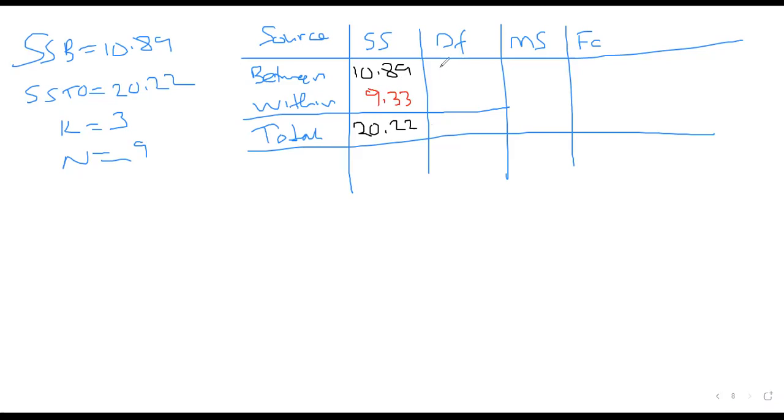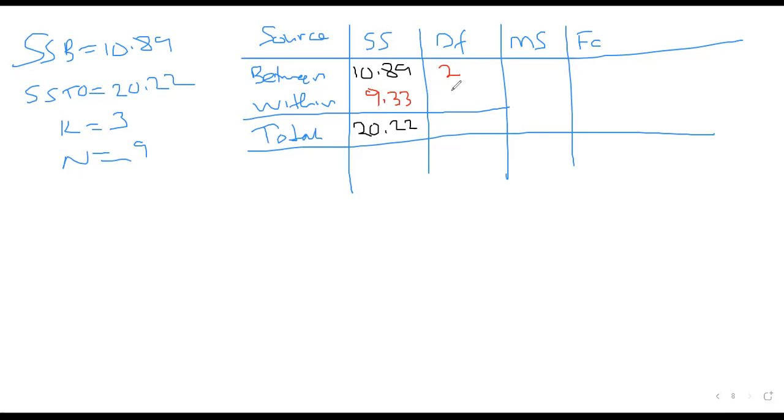And here, what do we put for degree of freedom? K minus 1, which is what? 2. Then here, what do we put? 8.